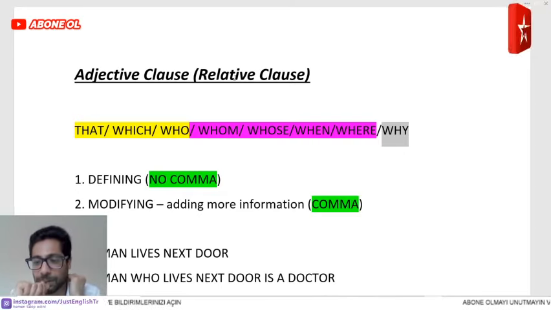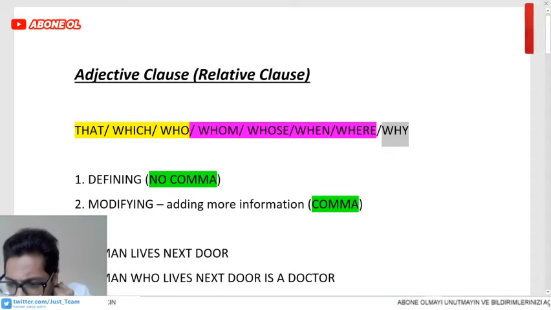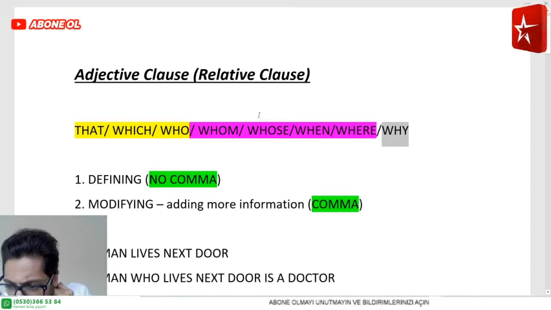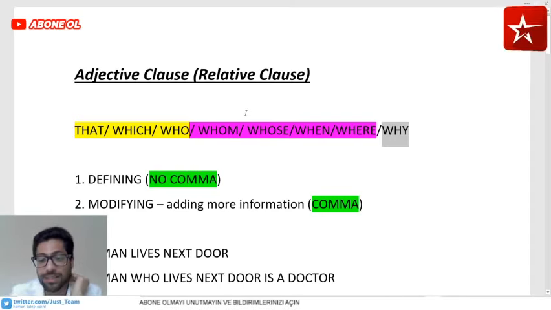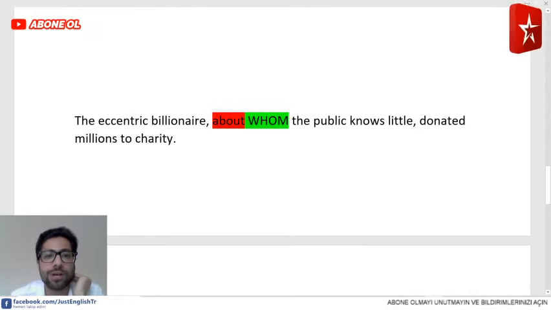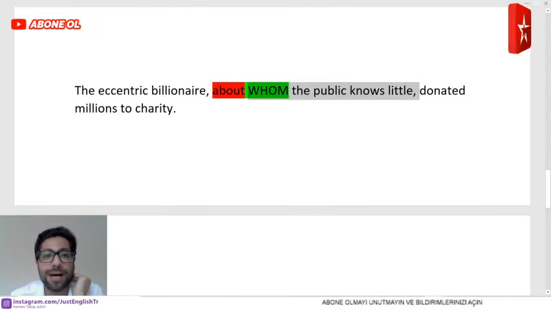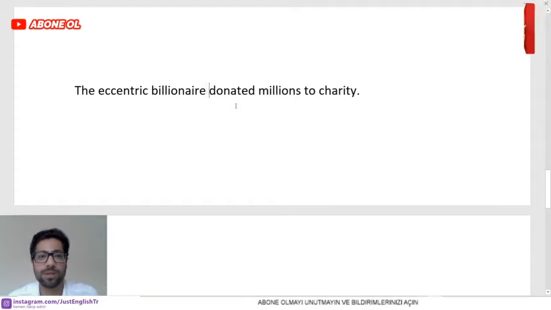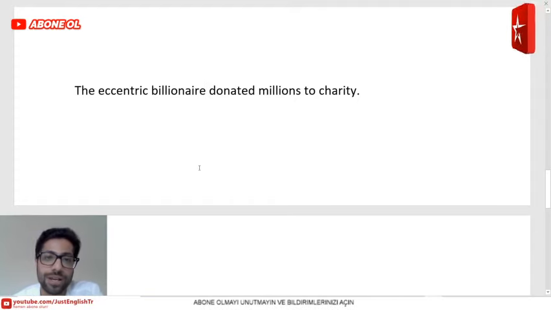I will do my best. Exactly, the sentence does not change. If I delete about whom, the eccentric billionaire donated millions to charity.